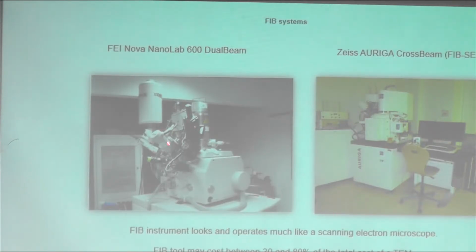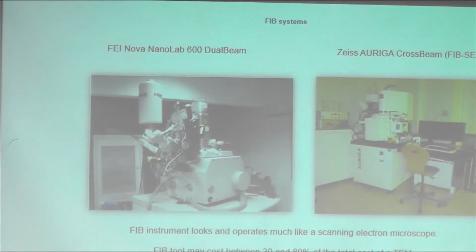Also, as in the case of SEM, you can add different options to your FIB system, detectors like an EDX detector and whatever. The system is very flexible, not only for TEM specimen preparation, but also for surface structure and for cutting your specimen and looking at the cross section without going into the TEM.